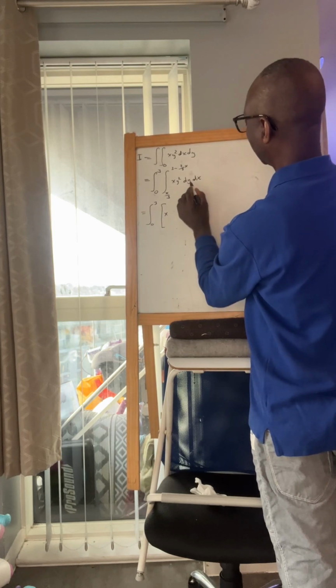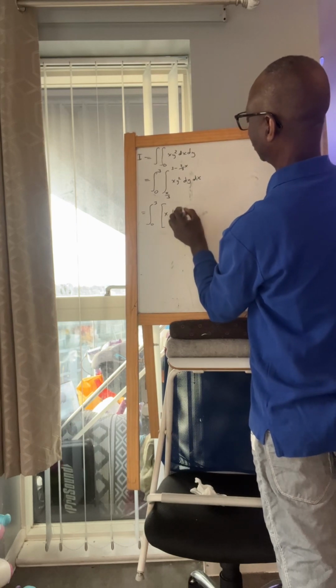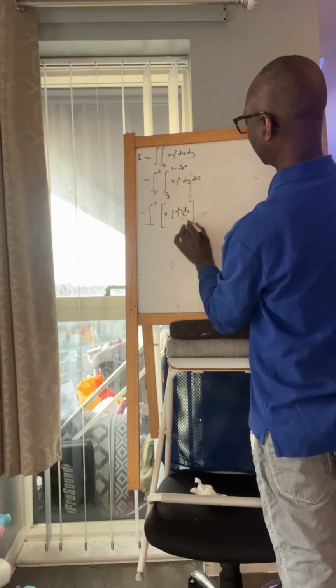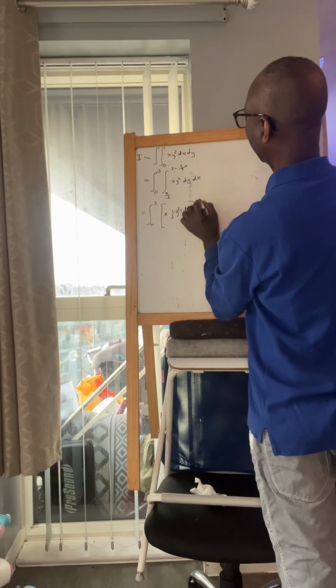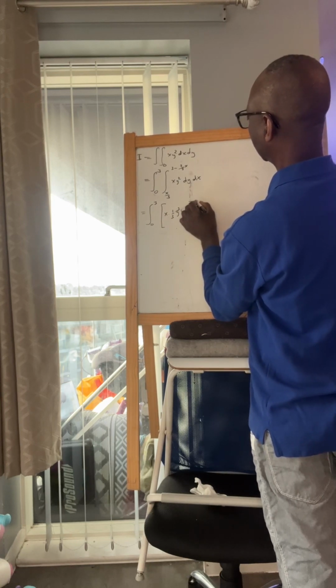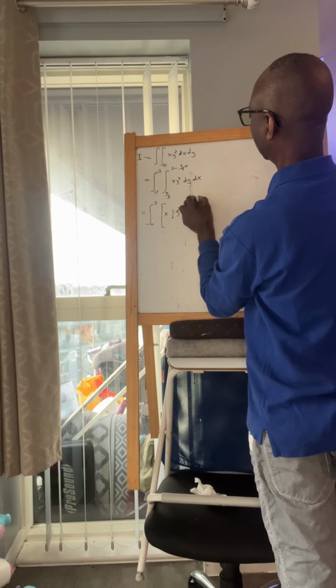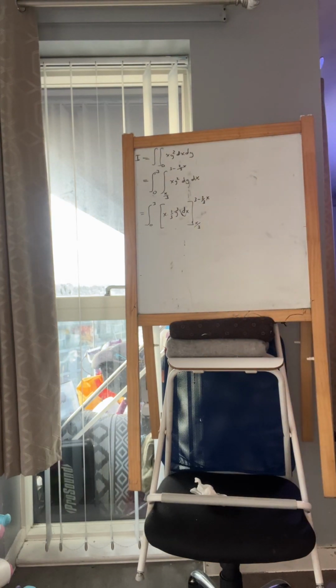You have your x, and this y will now be one third y cubed, with your limits here as x all over 3 and 3 minus 2 all over 3x. That's what we got now.